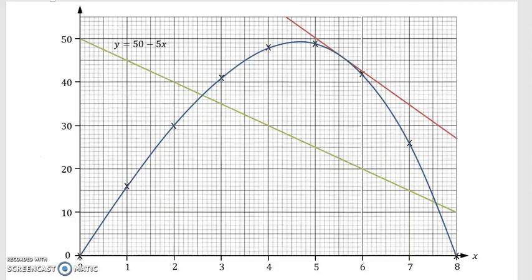If we plot the points, we see the curve in blue. That is the graph that they want us to draw. So we label the curve. That is for part C. We'll now go on to the next part.